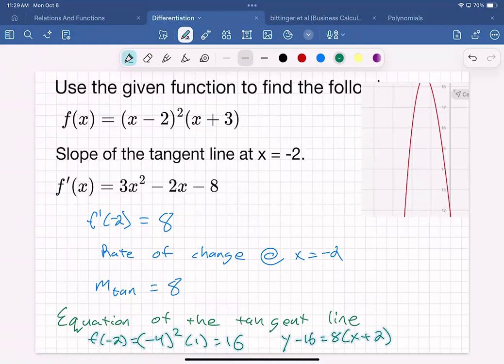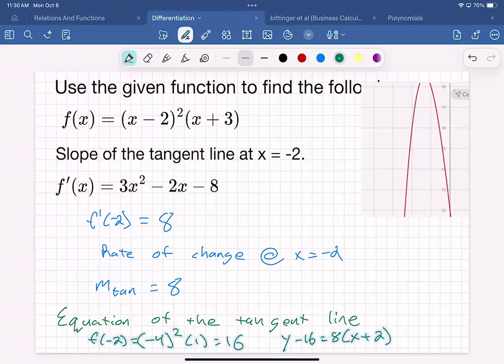Now, remember, the key that you need to see here is that when I plug into my derivative, it's going to give me the rate of change at that value, which is also the slope of the tangent line. When I go forward with that, if I ever need the equation, I take the slope that we just found from the derivative, and I need to go back to the original function to get the point that's at that specific location of the graph as well. So that's why we have to plug the -2 in there.